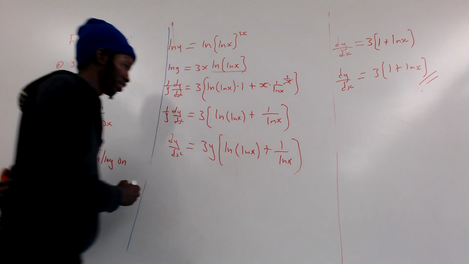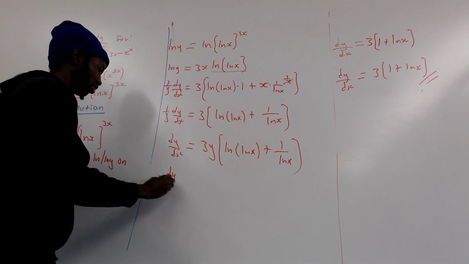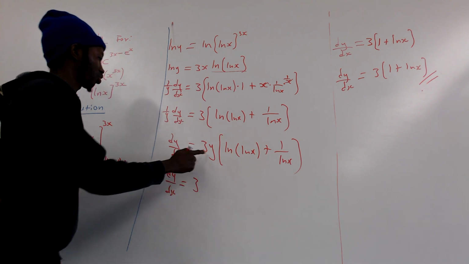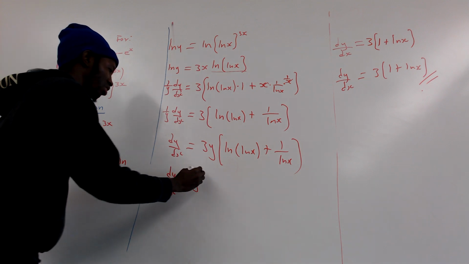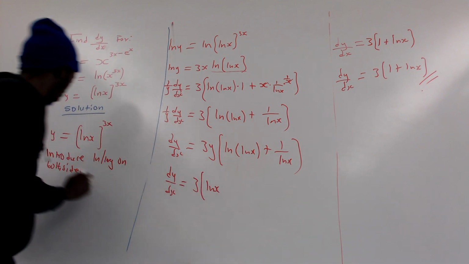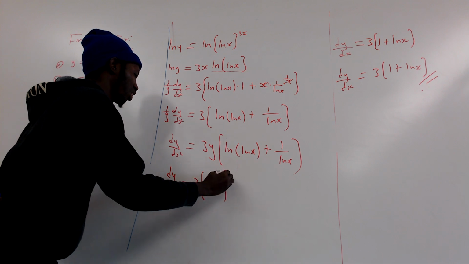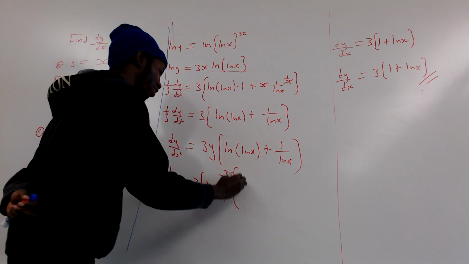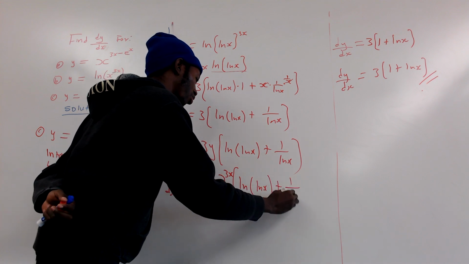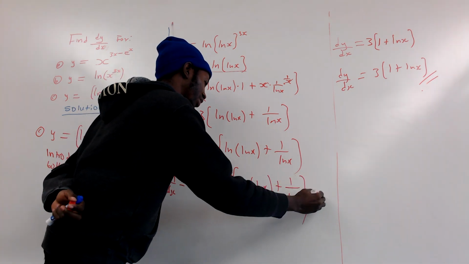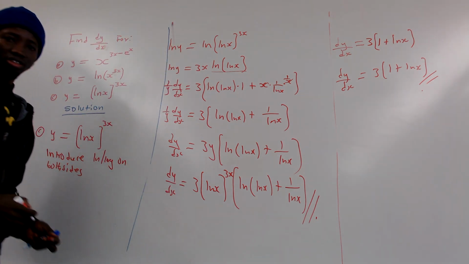But in this case, what is y? We have y to be ln x all raised to the power 3x. So we slot it in, and we have the value given, ln of ln x plus 1 upon ln x. So this is the final result given.